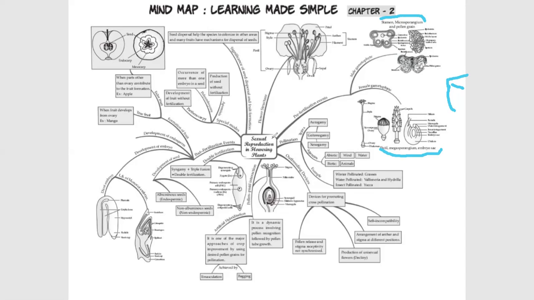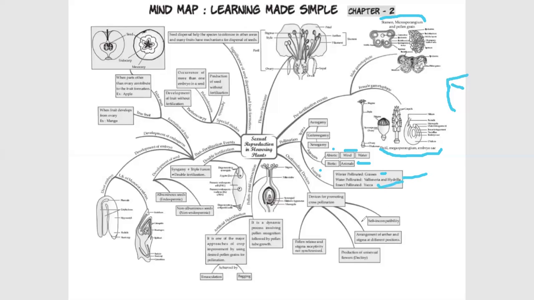Then it comes to what is pollination. Pollination we have to see, and its types. Pollination is autogamy, geitonogamy, or xenogamy, where the agents are biotic or abiotic. That will be wind or water, or even animals. Some examples: wind pollinated is grass, water pollinated is Vallisneria, insect pollinated is yucca.